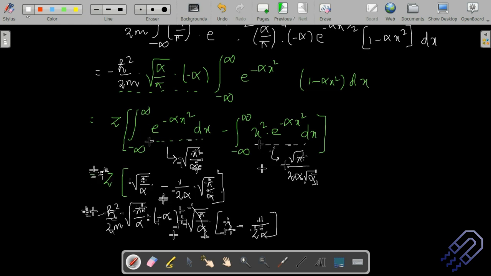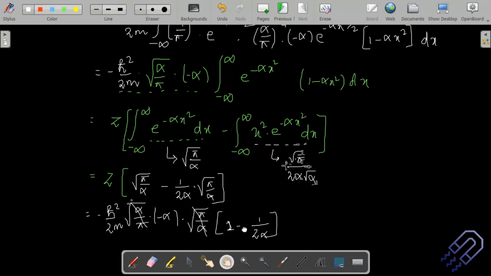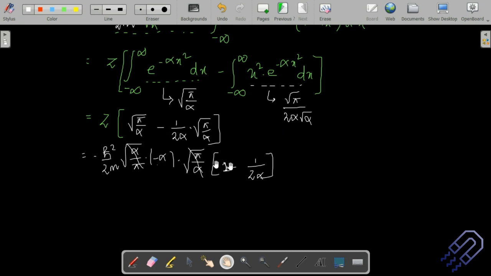So we got this cancelled here. Okay, it can be the mistake. Alpha by pi, sorry. This is not pi by alpha, this is alpha by pi. This is alpha by pi. This is pi by alpha, so it will get cancelled. Okay. What we can do now is we can take this alpha inside. That's possible. So if we do that, now we can simply write it down as, okay, I think we did some mistake here. Let me just clarify this. Yeah, sorry.